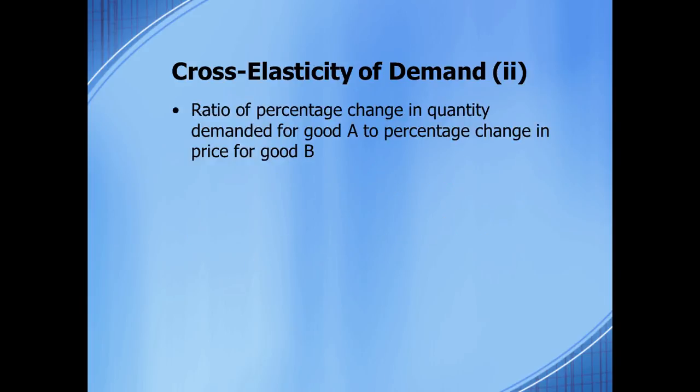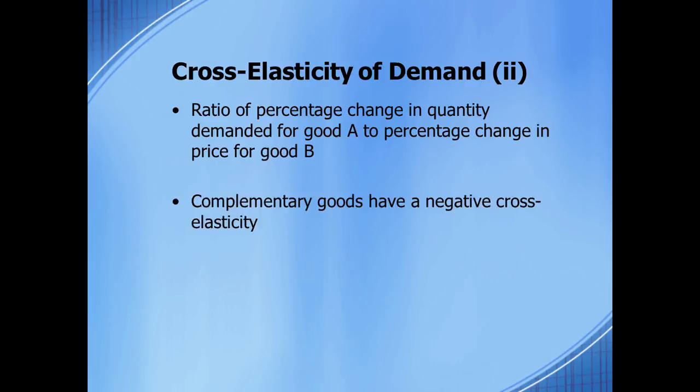So cross-elasticity of demand is the ratio of the percentage change in the quantity demanded for good A to the percentage change in price of good B. So if the price of spaghetti hoops goes up, what happens to the demand for beans?